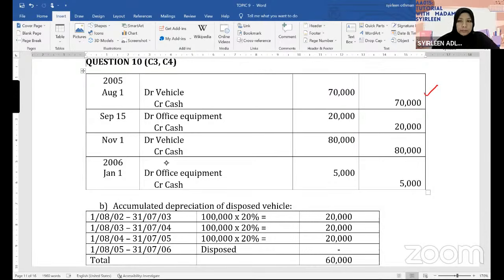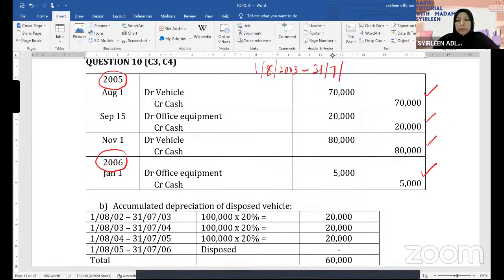So this is the transaction on August 1st, September 15th, November 1st, and January 1st, 2006. You can see in my journal I have both years. It is not two years actually, it is still in the same year because my account starts from 1st of August 2005 and ends on 31st of July 2006. So this is for one year.